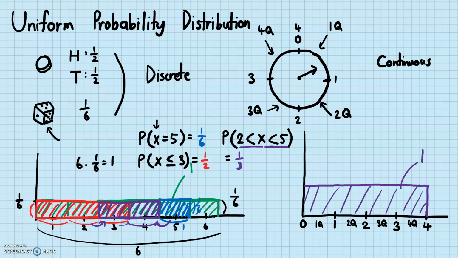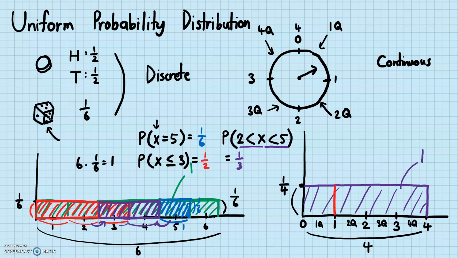So if this area is to be 1, what should our probability here be? So the length here is 4. 4 times what gives us 1? And if you know basic arithmetic or algebra, you'll find that that would be 1/4. So that would be the probability of the arrow landing in each of these quadrants.